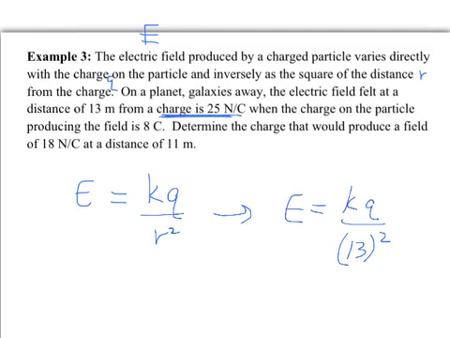Where does that go? What's the charge, everybody? Q. Okay, it's what we defined it as. The charge was given as Q. And then we're told the electric field is 8 coulombs.